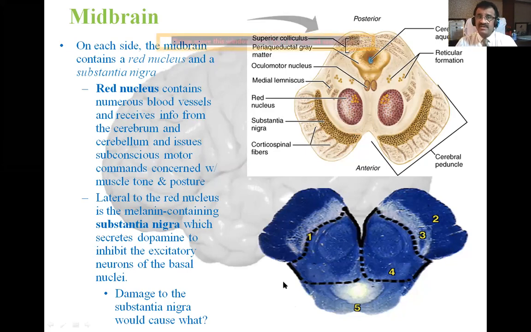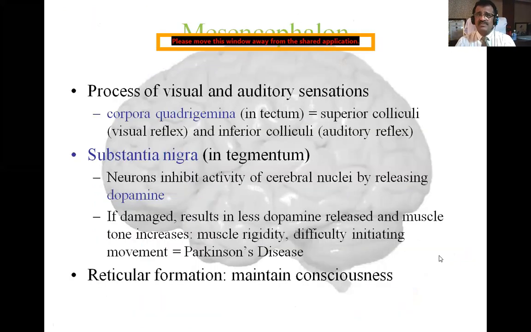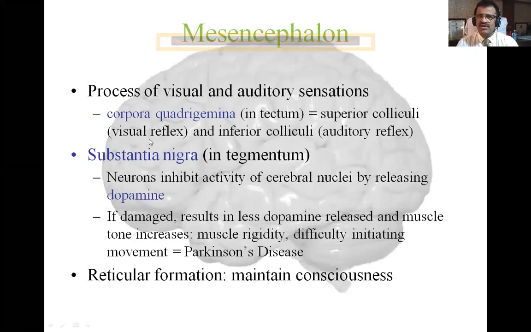This secretes dopamine to inhibit the excitatory neurons of the basal nuclei. Damage to the substantia nigra would cause what? Lack of dopamine secretion. Mesencephalon processes visual and auditory sensations. The corpora quadrigemina in the tectum: superior colliculi for visual reflex, inferior colliculi for auditory reflex.